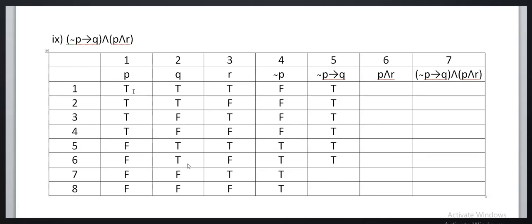T implies T is true, T implies T is true, T implies F is F, and F. Now P and R: T and T is T, T and F is F, T and T is T, T and F is F, F and T is F, F and F is F, and all are F. Now the fifth and sixth, in between them we find the AND: TT, TF is F, TT is T, TF is F, and in this way we get a contingency.